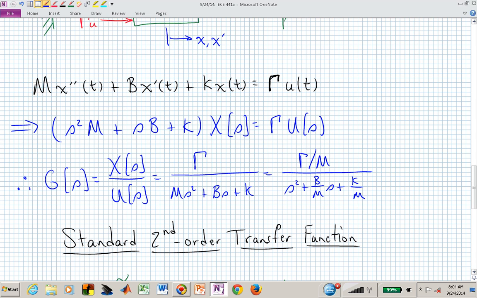If you want a monic polynomial in your denominator, do you remember what monic means? Mono, 1. Your leading coefficient is 1. We've scaled the denominator to produce the leading coefficient in your denominator equaling 1, and sometimes that's easier or cleaner.